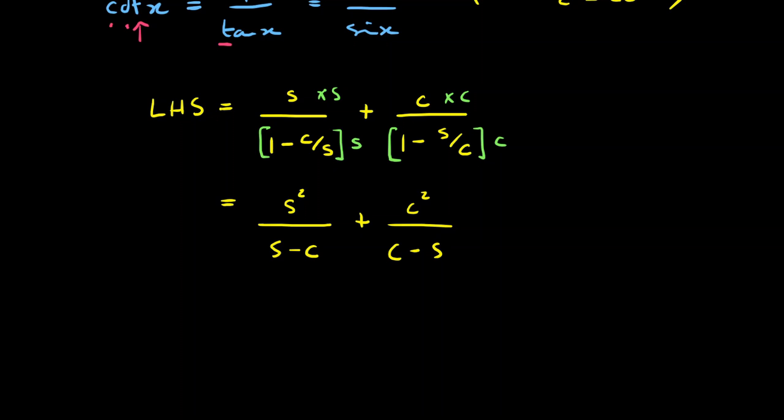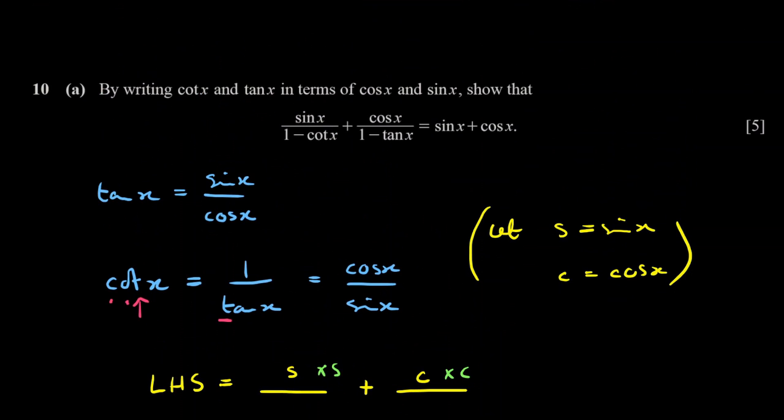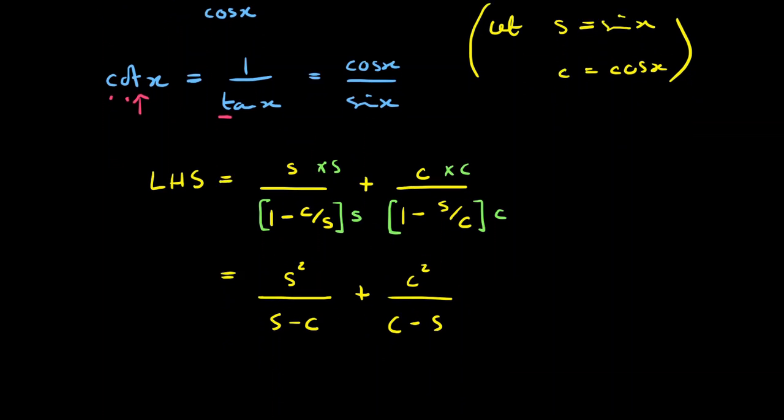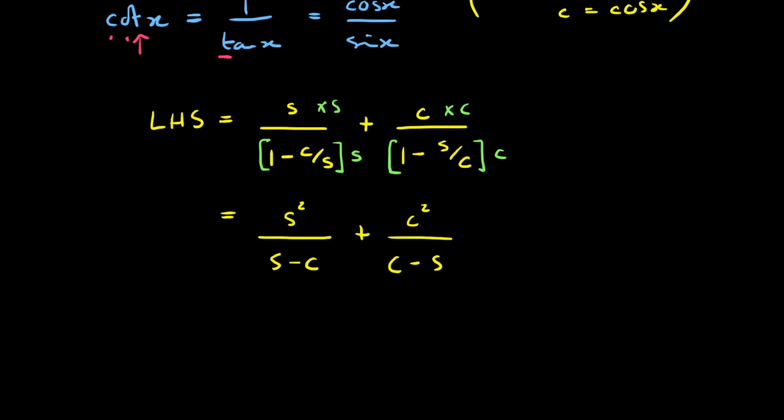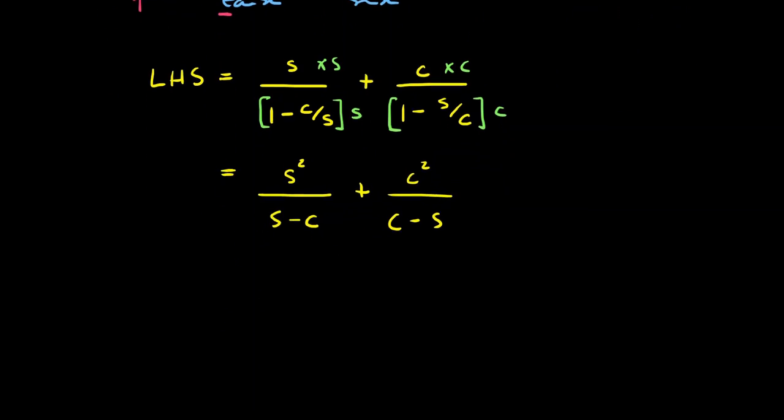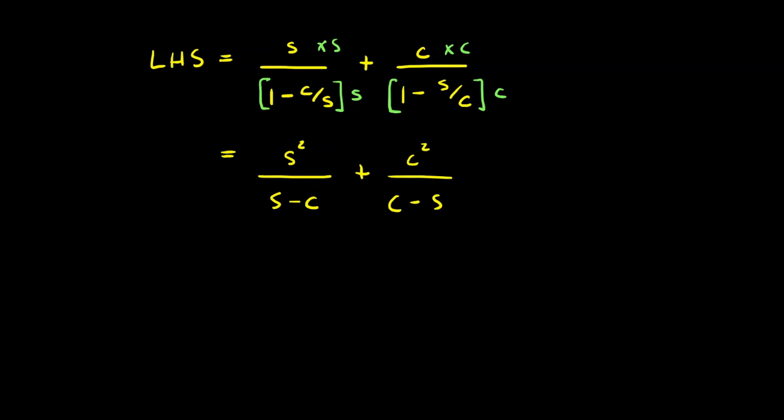Okay? Now, what are we being asked to show? We want to show this is the same thing as sine plus cos. How would I want to do this? I guess I could cross multiply. Yeah, I'll do that. So, no, actually, I won't do that. What I will do is I will multiply top and bottom of this guy by -1.